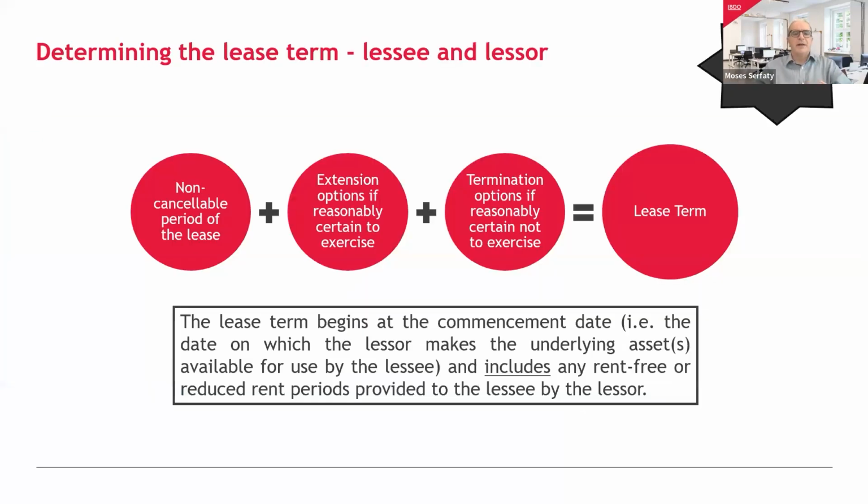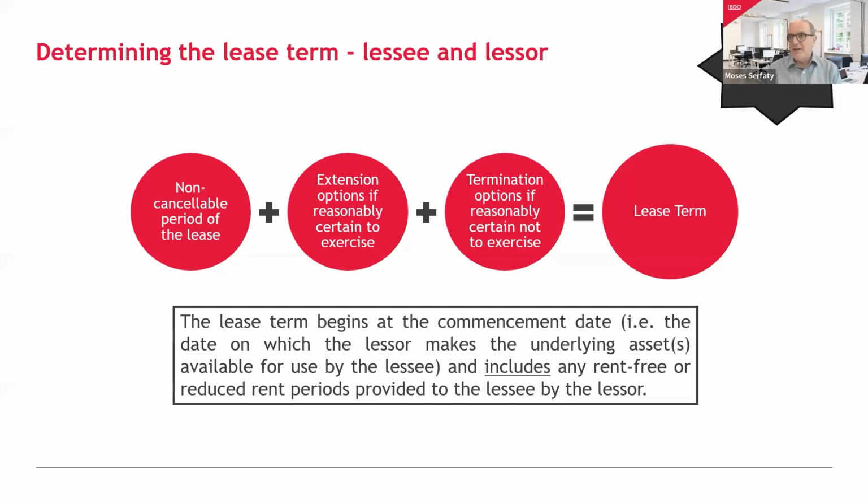So then we've got determination of the lease term. The definition of the lease term is not significantly different from what it was under Section 20. So what is a lease term? It's the non-cancelable period of the lease plus options to extend if you're reasonably certain to exercise, and termination options if you're not reasonably certain to exercise. So again, this isn't a big change.